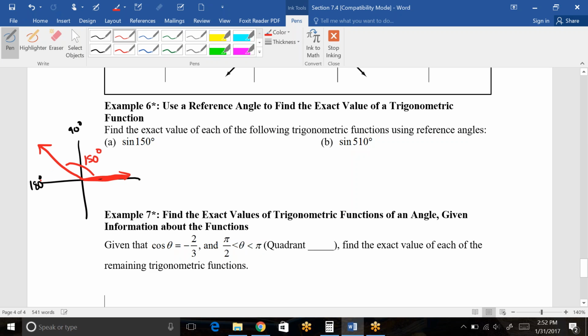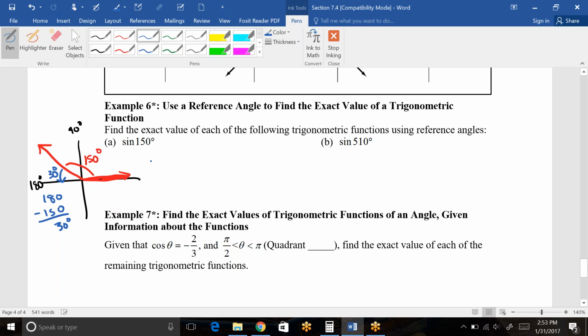So how do I find out what this reference angle is? Well, you ask yourself, what's the closest distance to get to the x-axis? It would be right here. The difference between this point right here where this angle measures and the angle where we stopped is this reference angle. So from 150 to 180, you would do 180 minus 150 and you would get 30 degrees. That means that this is a 30-degree reference angle.